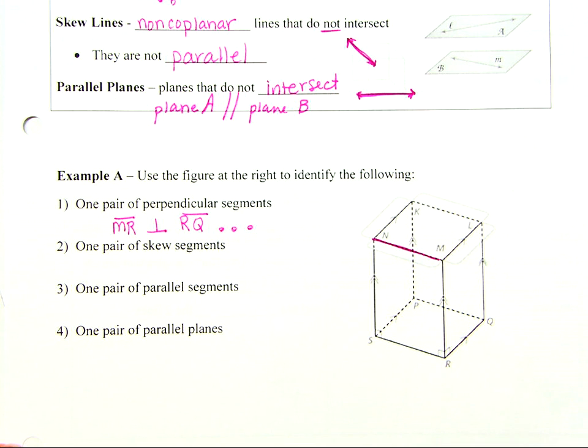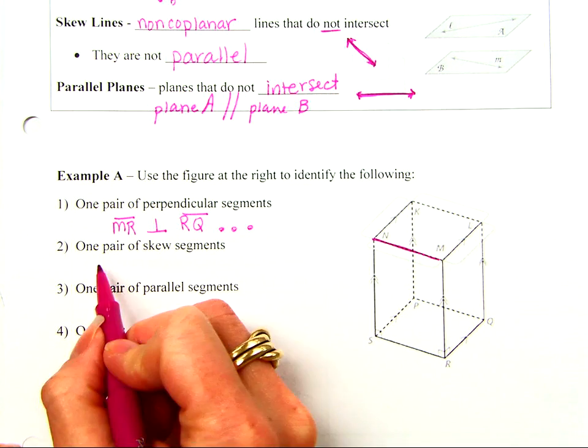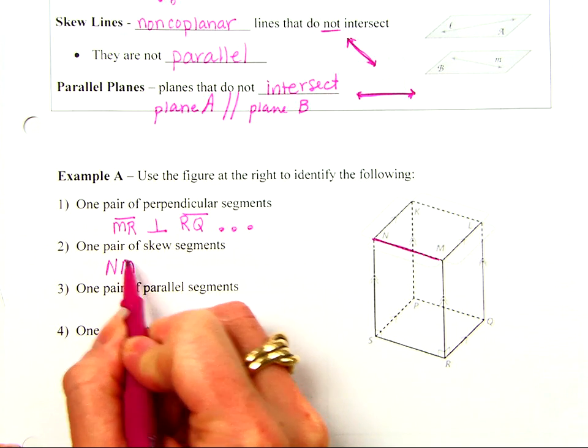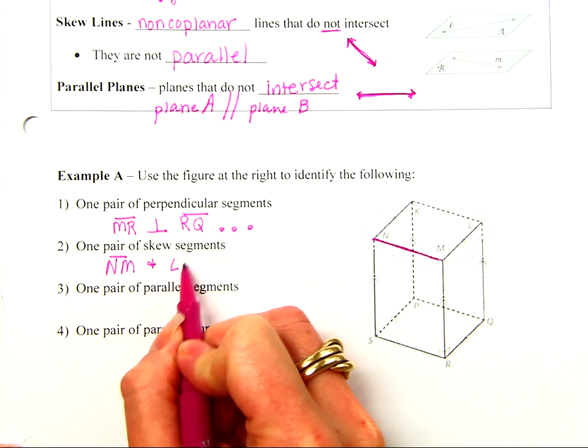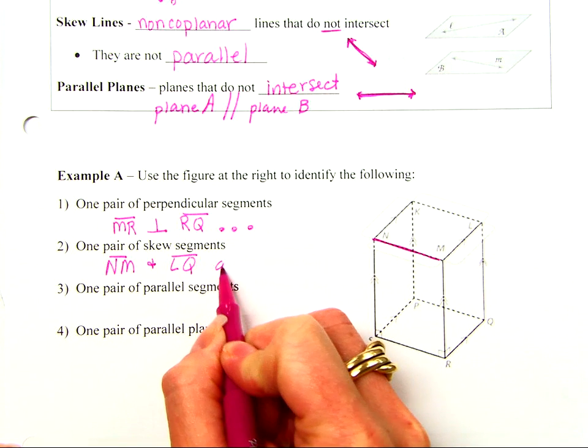There are a few possibilities. LQ would be skew, KP would be skew, RQ would be skew. And so there are many different types of answers. Initially, I had just chosen that NF and LQ would be skew.